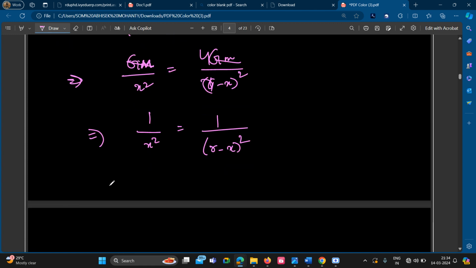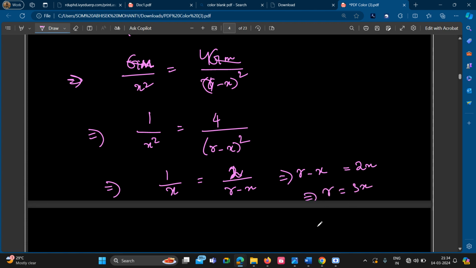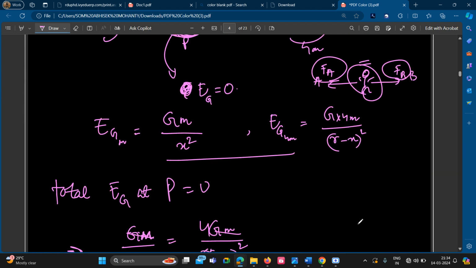If I take the root on both sides, 1 by X is equal to 2 by R minus X. Oh, there is a 4 here, so this will become 2. So R minus X is equal to 2X, so R is equal to 3X. X is equal to R by 3.